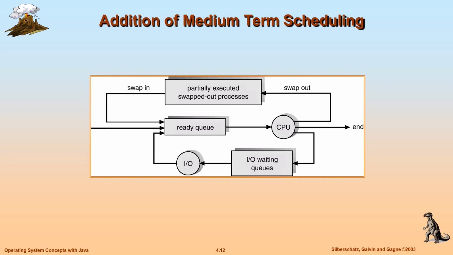A CPU bound process, in contrast, generates IO requests infrequently, using more of its time doing computations. Doing more computations is called a CPU bound process. Doing more IO operations is called an IO bound process.